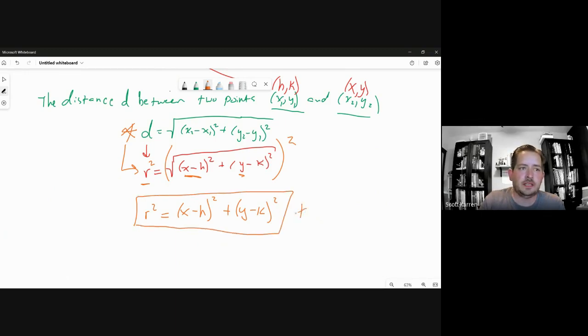And this is the standard form of the equation of a circle.